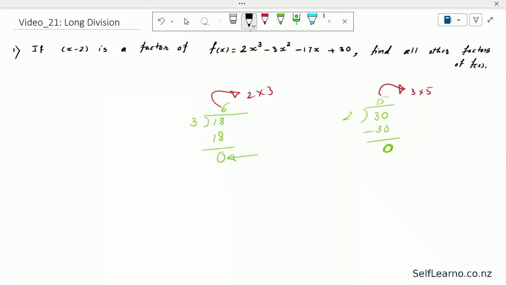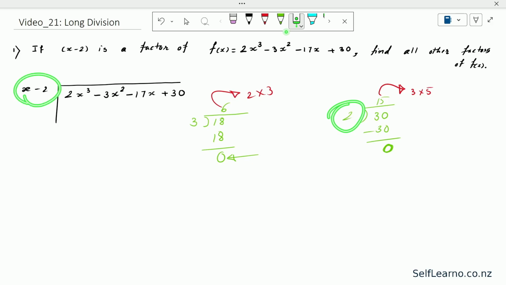It's a long process. 2x cubed minus 3x squared minus 17x plus 30. Okay.